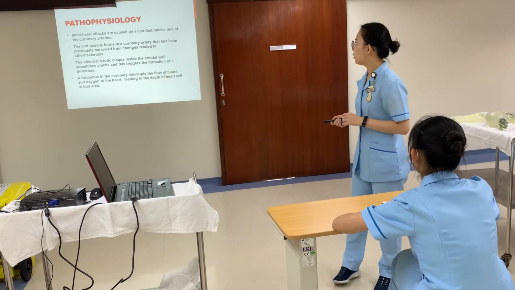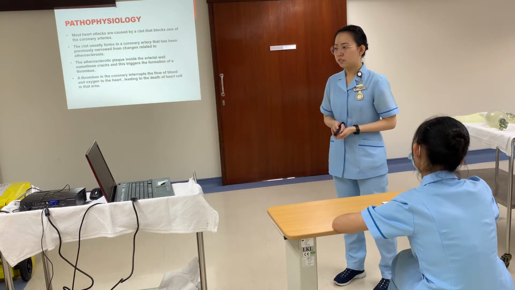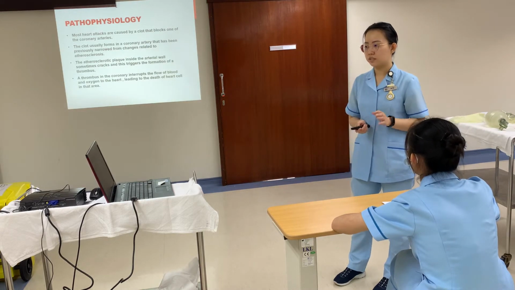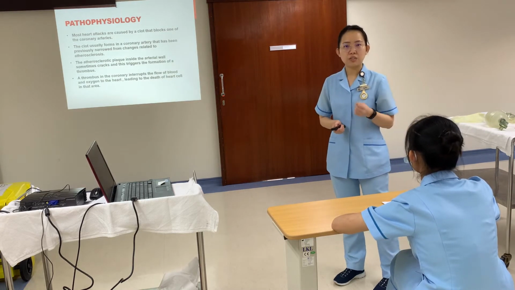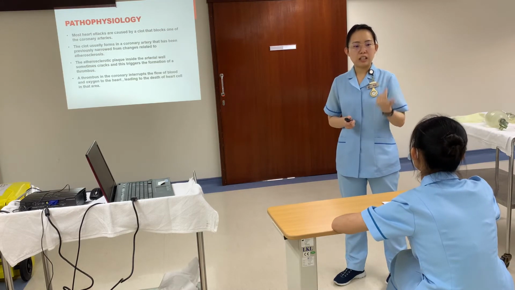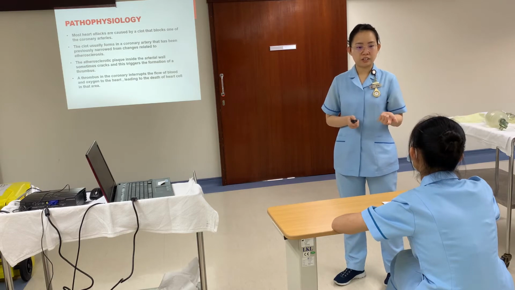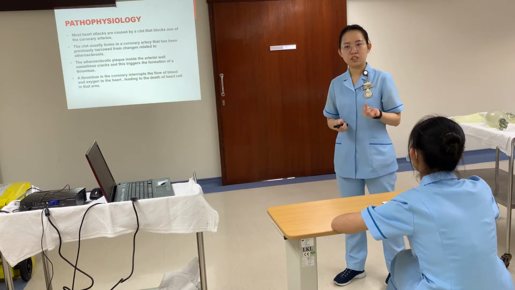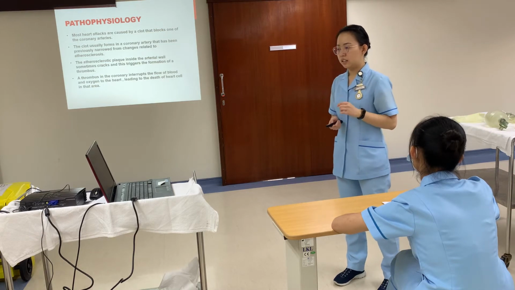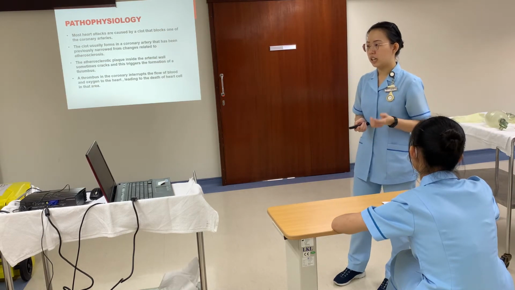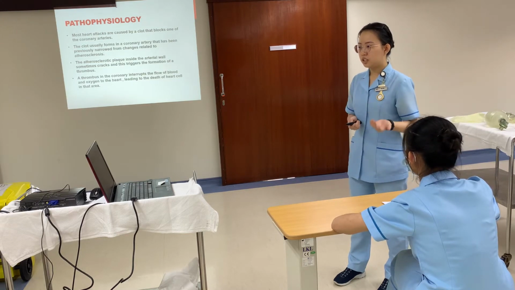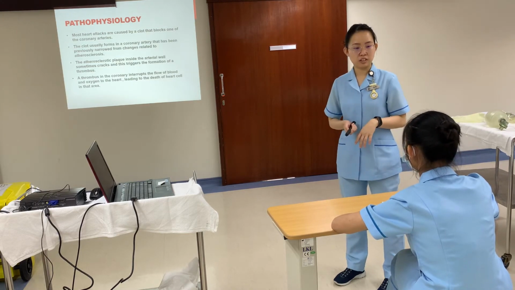So what is the pathophysiology? Most heart attacks are caused by a clot that blocks one of the coronary arteries. So we have three coronary arteries: right coronary artery, left anterior descending coronary artery, and left circumflex coronary artery. The clots usually form in one of the coronary arteries that have been previously narrowed from changes related to arteriosclerosis.